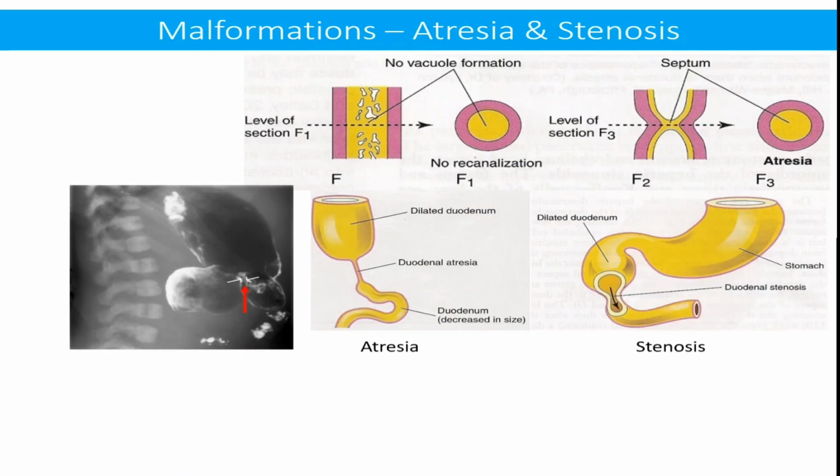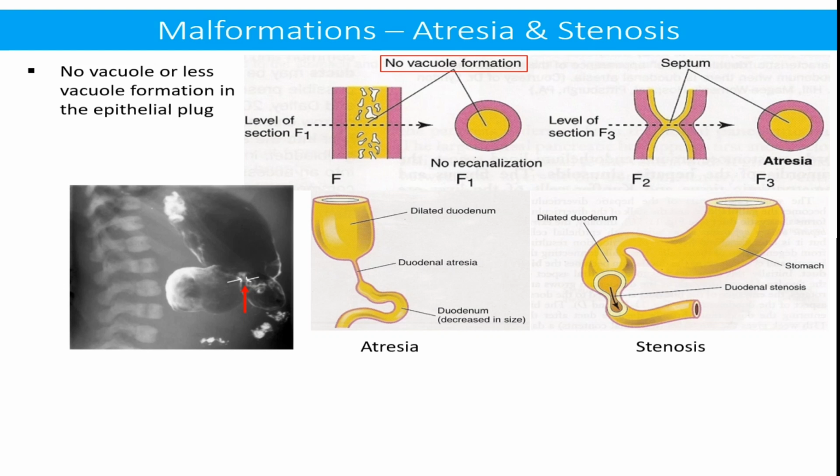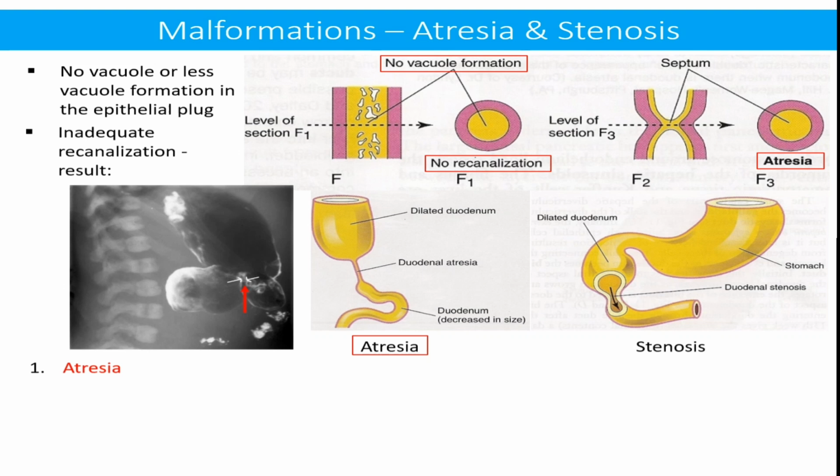Most of the malformations of the duodenum are because of inappropriate recanalization process in the epithelial plug. If there is no vacuole or less vacuole formation in the epithelial plug, this leads to inadequate recanalization, and the result is, number one, atresia.